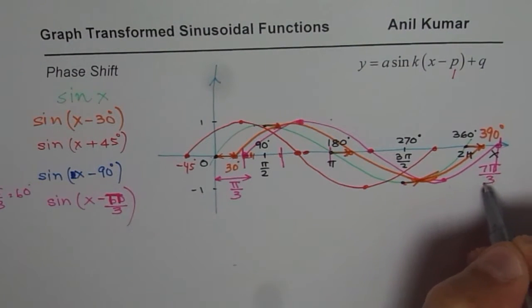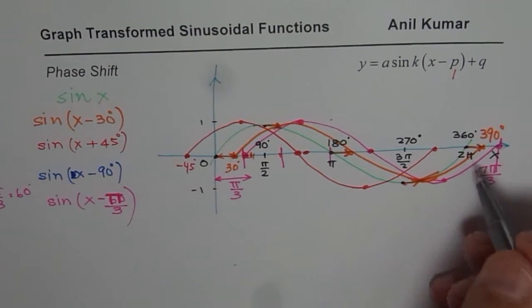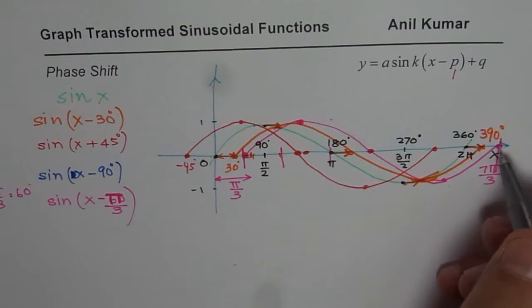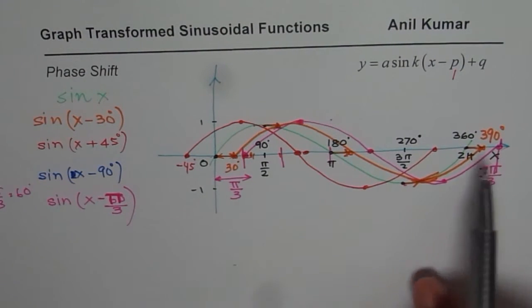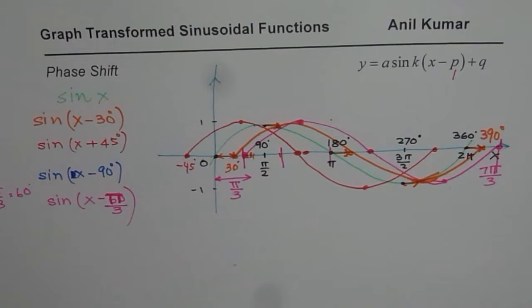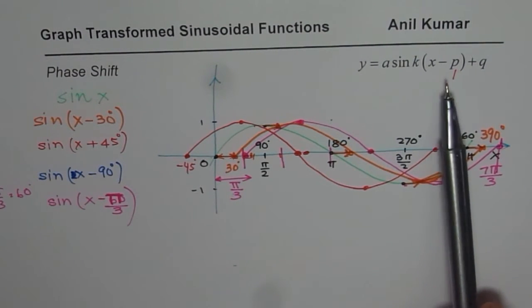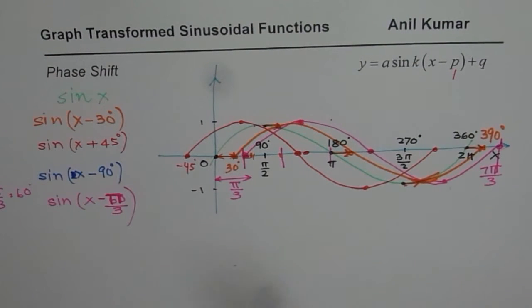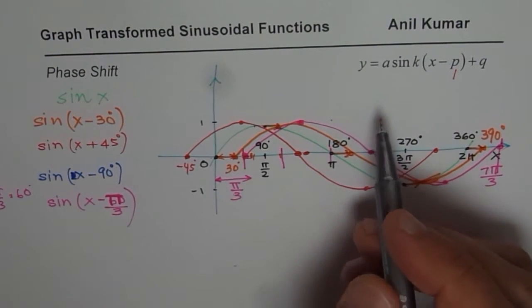Do you see that? So the domain of one wave will be from pi by 3 to 7 pi by 3. I hope with this example you have understood how to sketch the graph of a sinusoidal function when we have a phase shift in transformation, right?